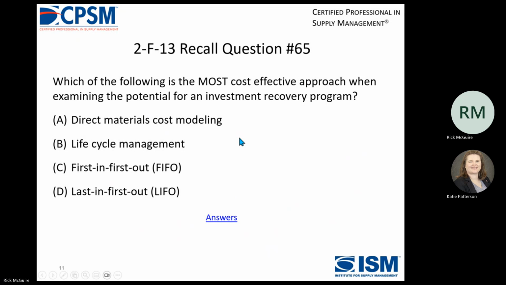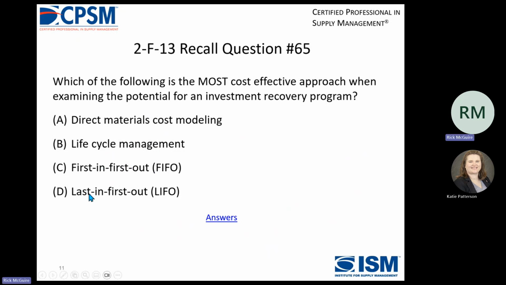All right. Which of the following is the most cost-effective approach when examining the potential for an investment recovery program? Meaning, are you going to get your money back for some surplus or obsolete material? Direct materials cost modeling, that makes no sense. Life cycle management, maybe.